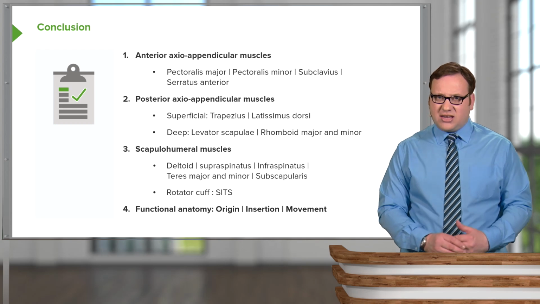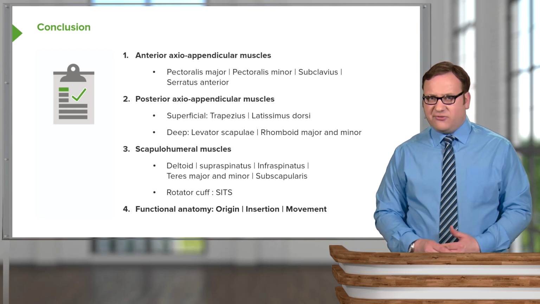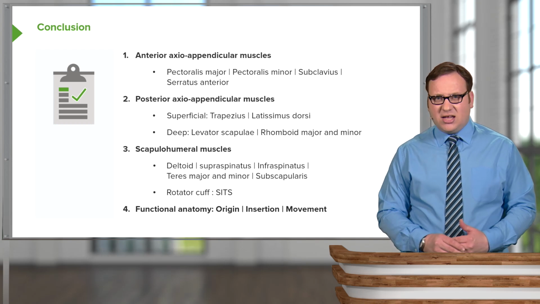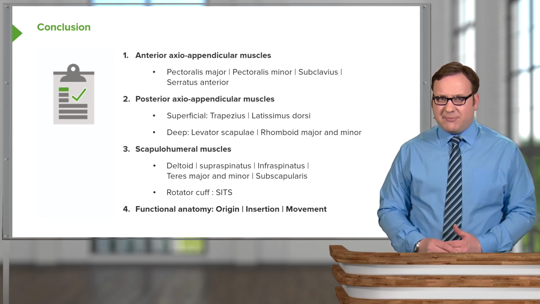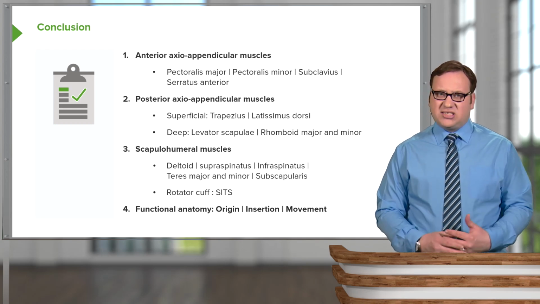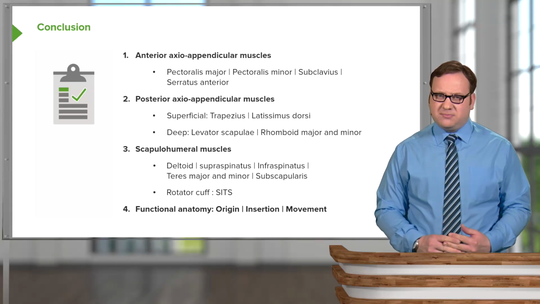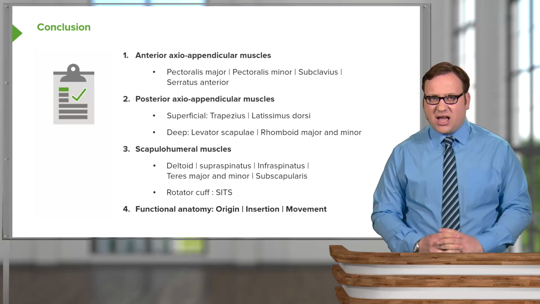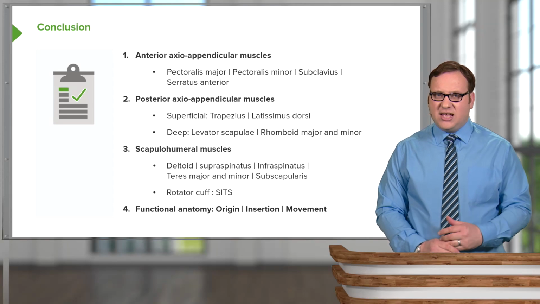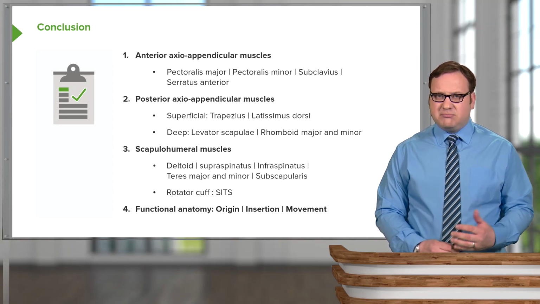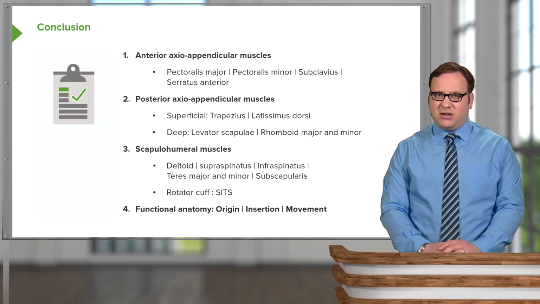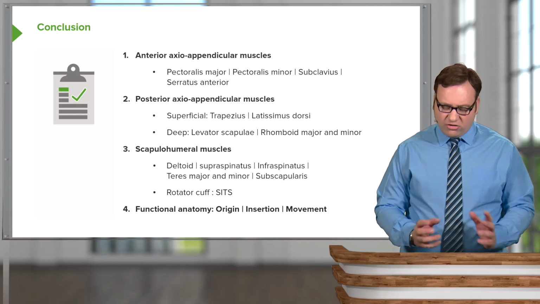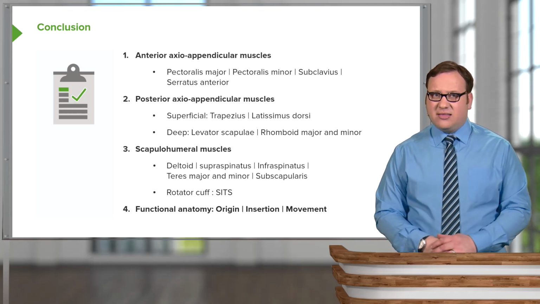We then looked at the deltoid, supraspinatus, infraspinatus, teres major and minor, and subscapularis muscles that form the scapulohumeral muscles, specifically mentioning the rotator cuff, which is supraspinatus, infraspinatus, teres minor, and subscapularis. We then looked at their origins, their insertions, and their movement.